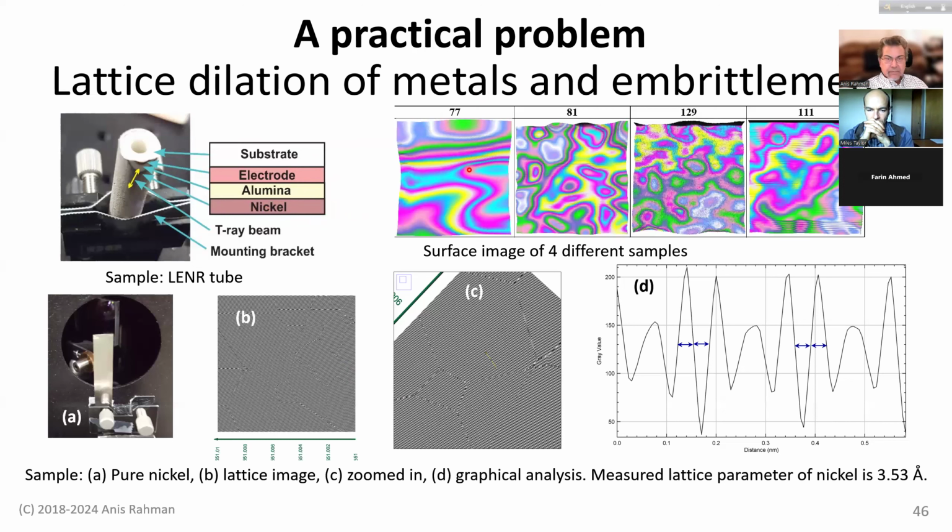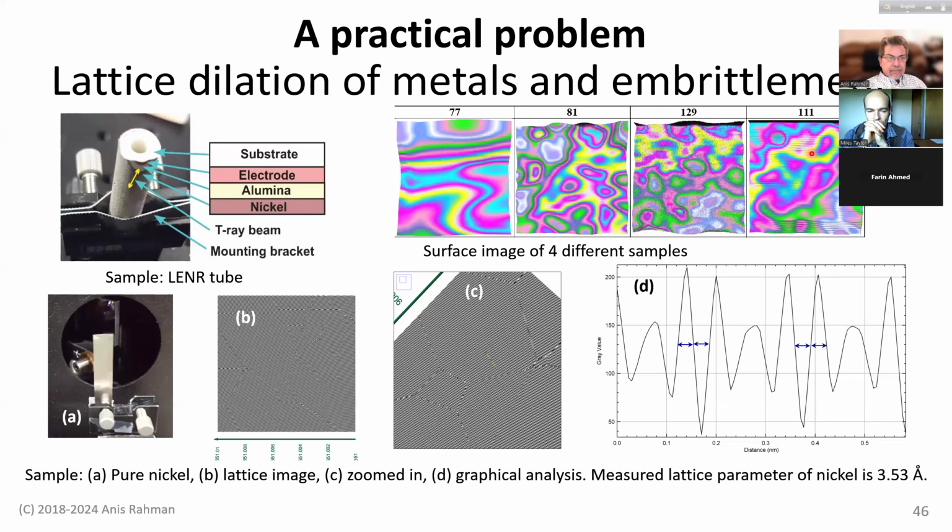And we explored those. First of all, this skin image is a coarse image, but they are different. They look different because 77 is unactivated, while 81, 129, and 111 had different applied voltage.